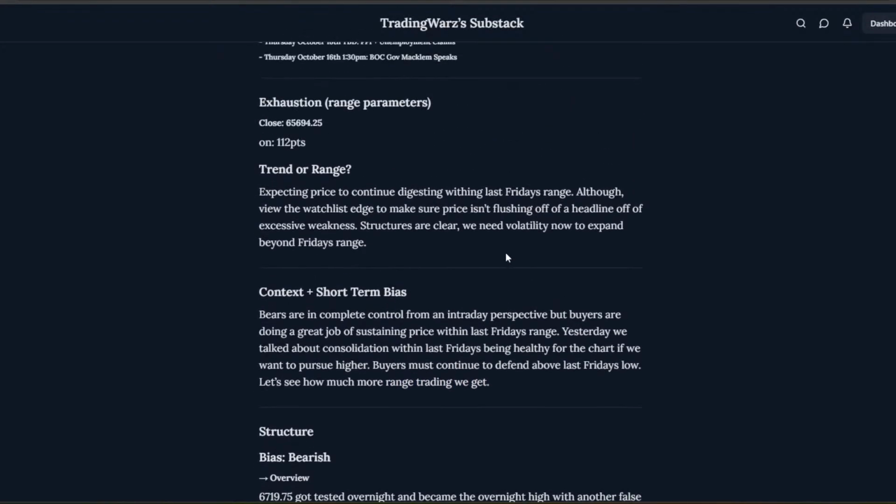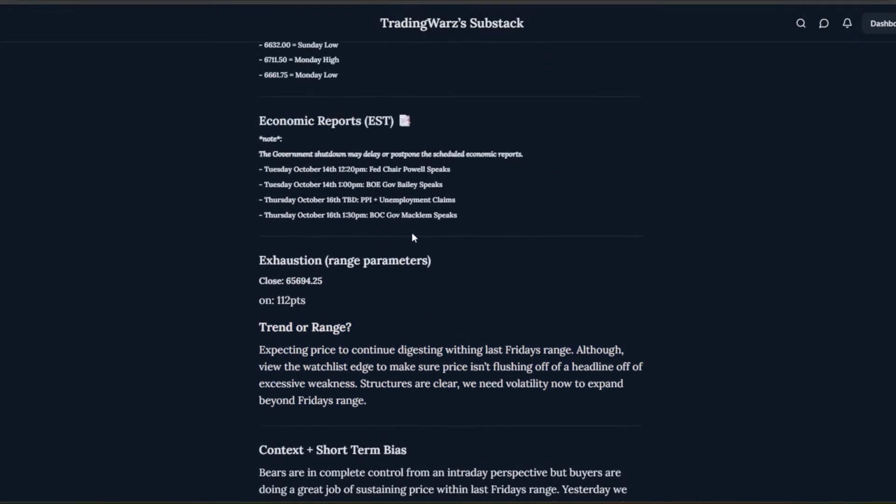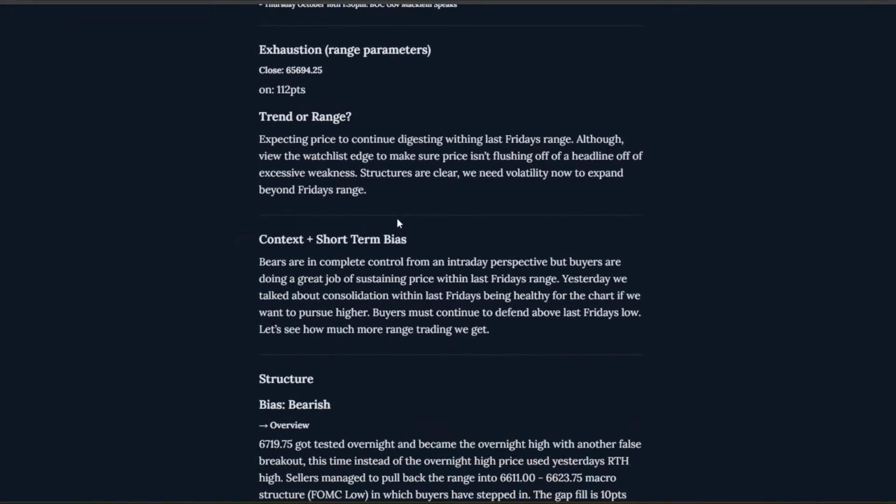And this is extremely important to talk about. That's literally the very first thing that I talk about in my trade plan in my notes. Are we going to trend or are we going to be stuck in a range? This is the number one thing that you must understand before you do any other technical analysis. Before you drop your trade plan, you have to understand the likelihood of the charts creating a trend day or a range day.